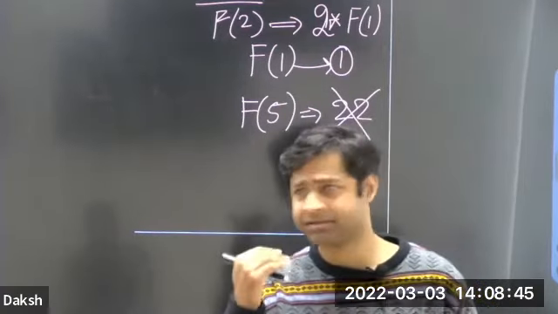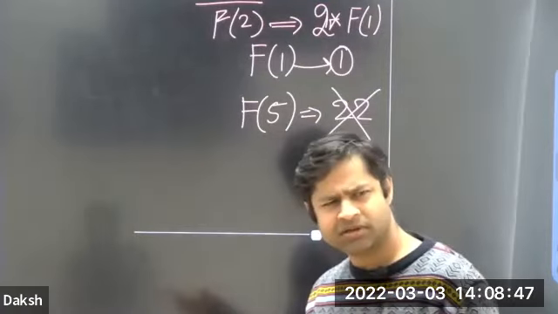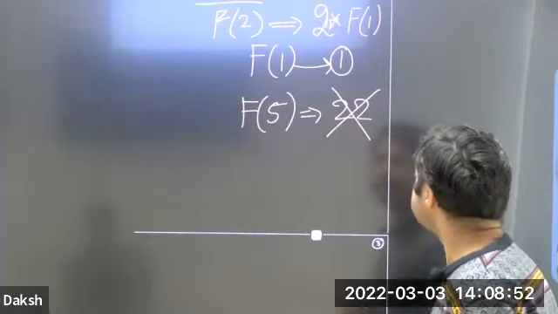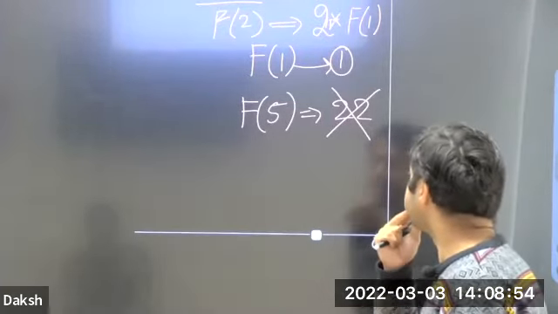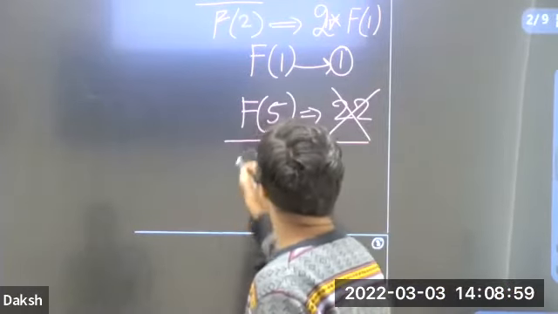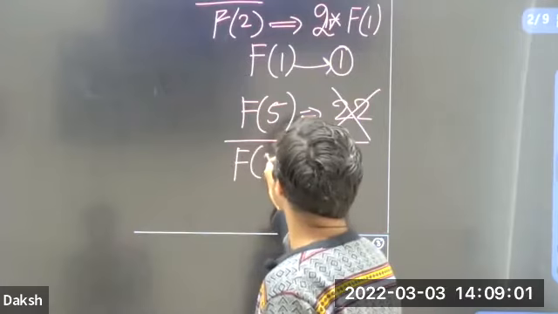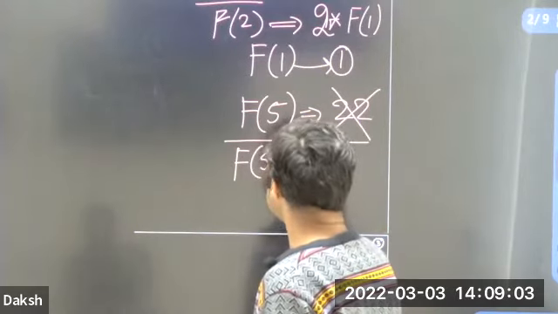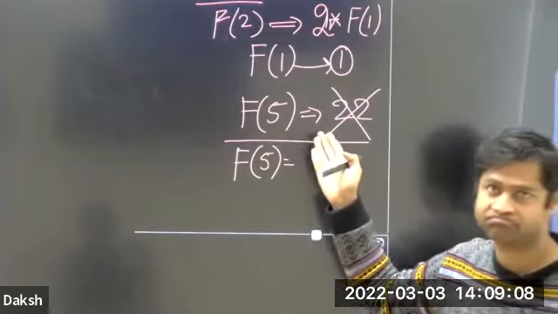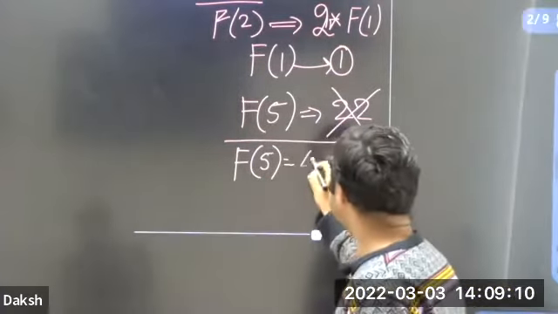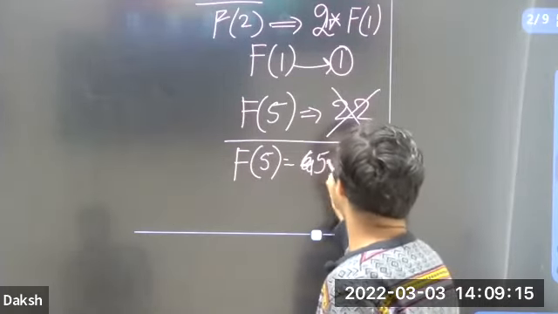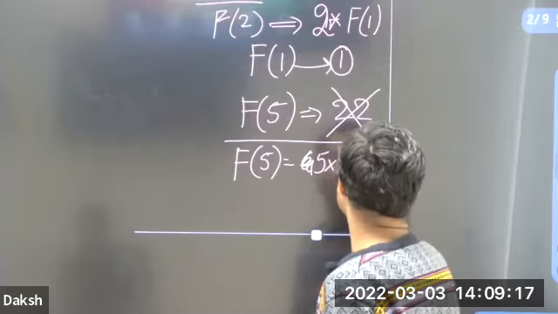But let us first understand what is going to happen. Our F5 is also equal to 5 times factorial of 4.